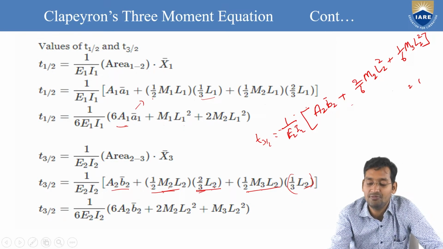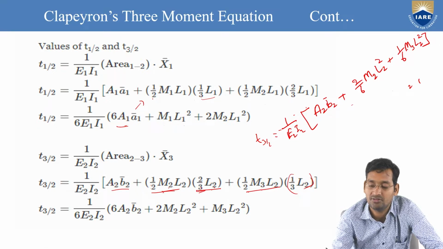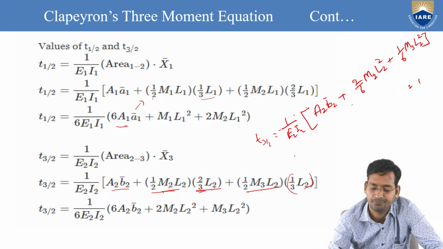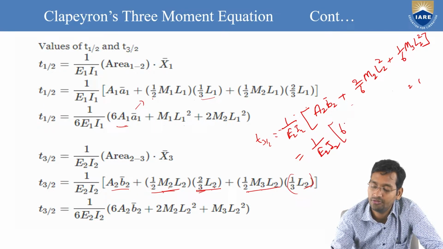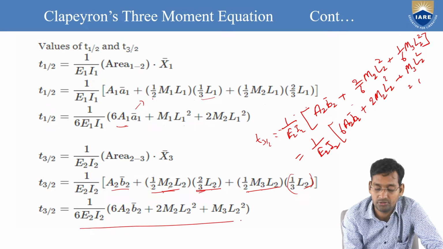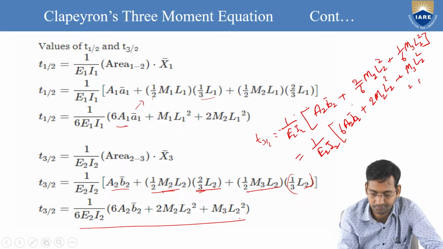Now with each term we will multiply by 6, so that the denominator becomes simple, just for simplification. So 1 by E2 I2, multiplying with 6, so this will be 6 A2 B2 bar plus 6 by 6 will get cancelled, so this will be 2 M2 L2 square plus here 6 cancels, so M3 L2 square. So now we got this one, right?